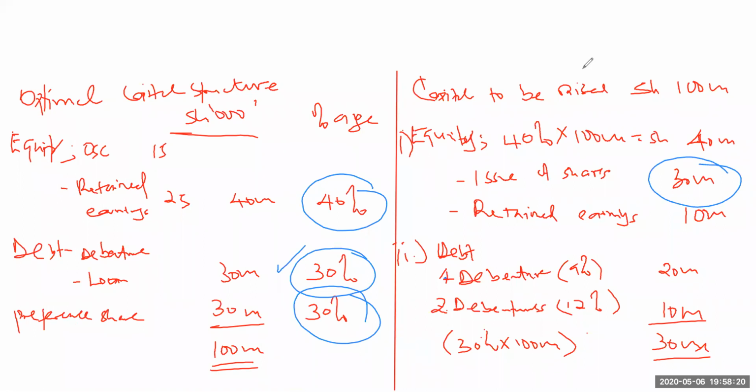And this is our slide number 2, the answer to part 1, the amount of funds required from each of the sources. I think this is the slide number 1. I hope that's clear, Stacy.